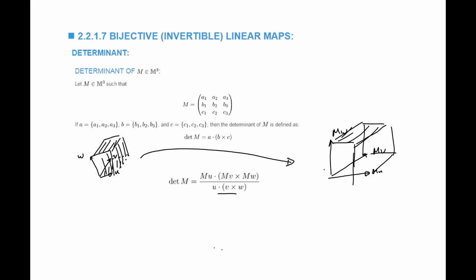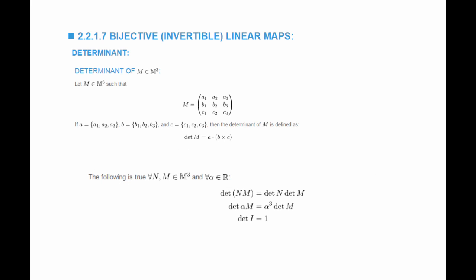And so the new volume here is equal to MU dot MV cross MW, the triple product, as we studied in the linear vector spaces. The original volume is U dot V cross W. So the determinant of M is equal to the ratio of the volumes. I'm going to call this V2, and this is V1. The determinant of M is equal to V2 divided by V1.